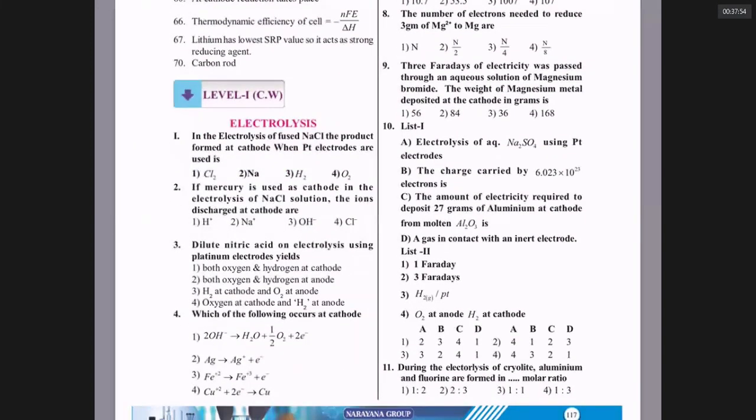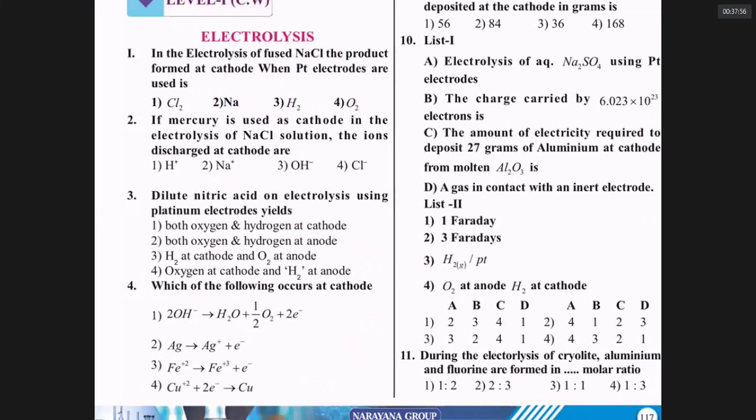See, in electrolysis, level 1 class work. Notice question number 2. If mercury is present as a cathode in the electrolysis of aqueous NaCl, notice that normally in aqueous NaCl there is a competition between Na+ to gain electrons and water to gain electrons. Because the reduction potential of Na is much less than that of water, water wins the race. H2O plus electrons gives H2 gas plus 2OH minus.